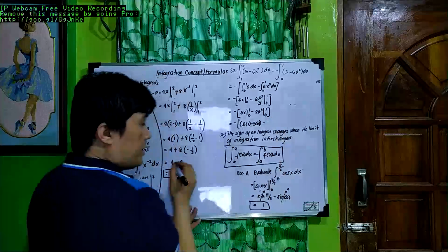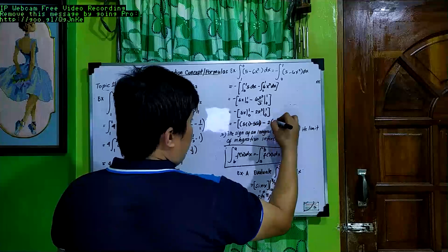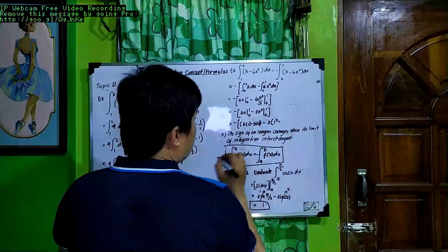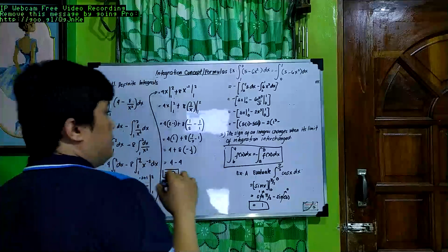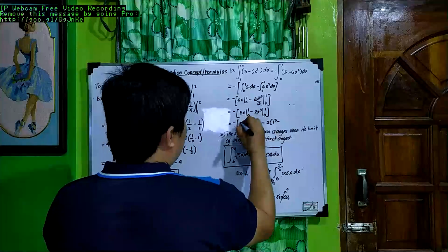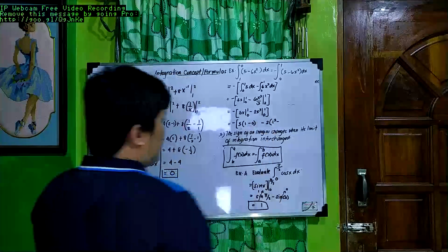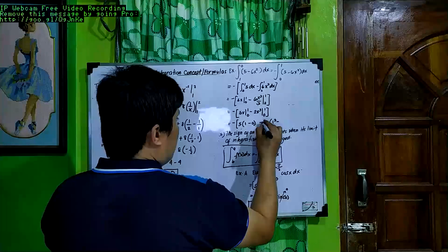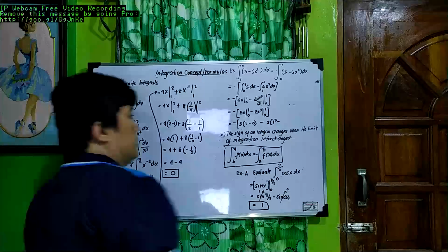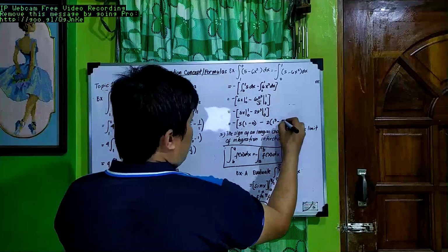For the other function, you have 2 times 1 cubed minus 0 cubed.